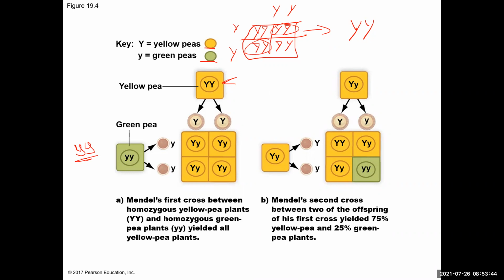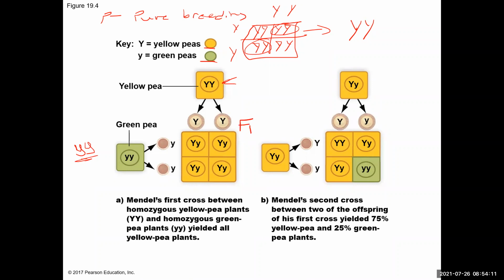Now, when you take those pure breeding plants and you hybridize them and mate them together, so yellow pea plants with green pea plants, this parent generation is called the P generation, for pure breeding. When you breed those two together, it gives you an F1 generation.